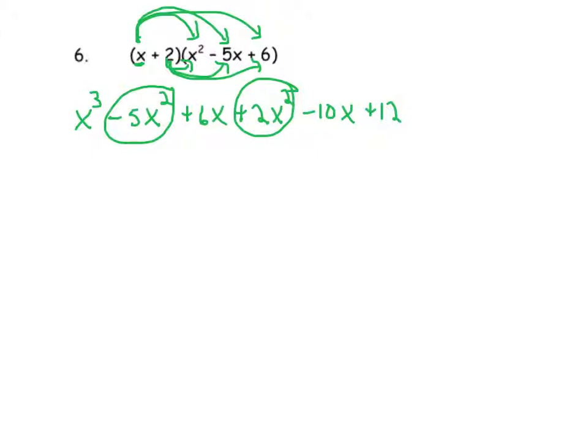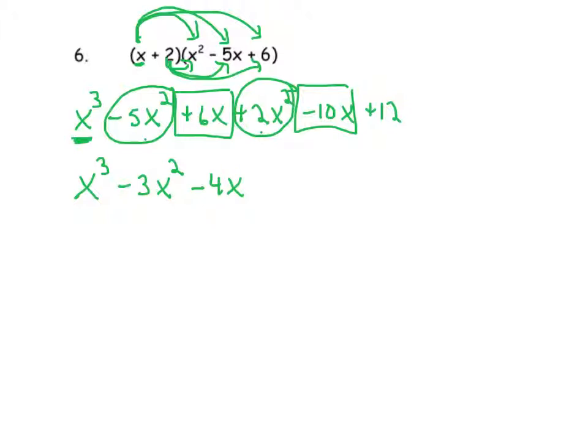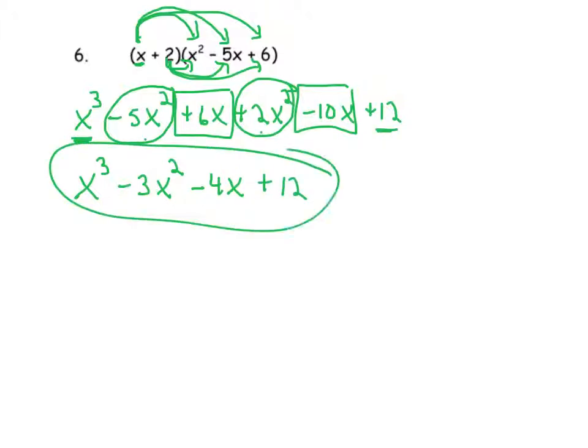So you'll never have more than one x cubed. So x cubed will go to the front. Negative 5 plus 2 is negative 3x squared. And then you have 6x minus 10x, so you get negative 4x. And then the 12 will be at the end. And that would be your answer.